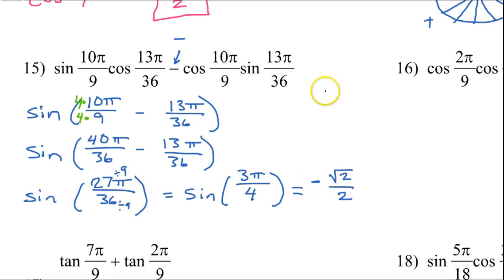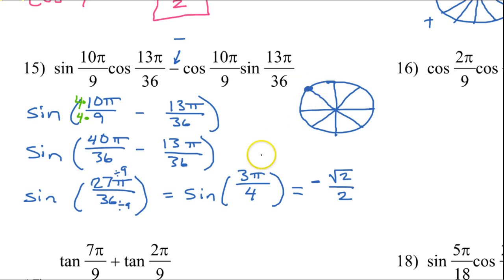I'm not sure. So I look at a diagram to remind myself of the quadrant that we're in. The quadrant will determine whether it's positive or negative. So here's a quick diagram of pi over 4s. 3 pi over 4 would be right here in the second quadrant.